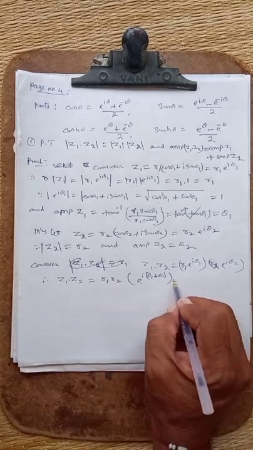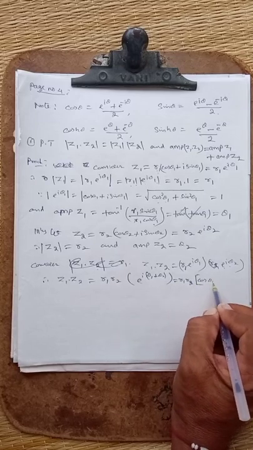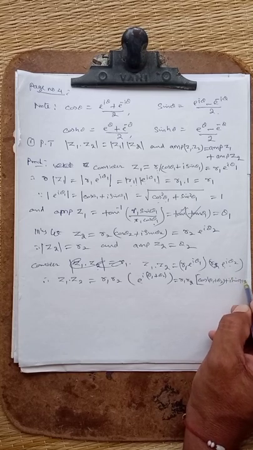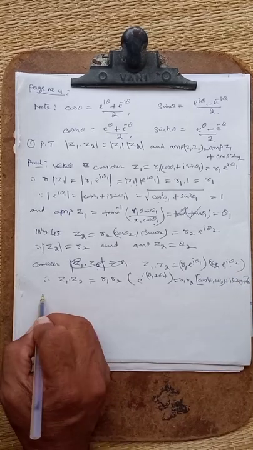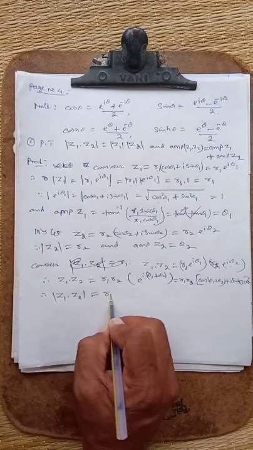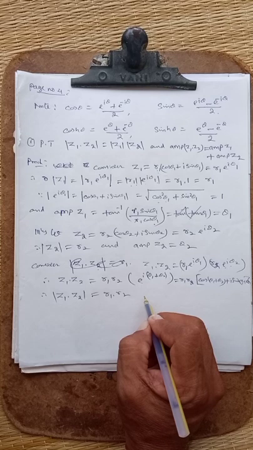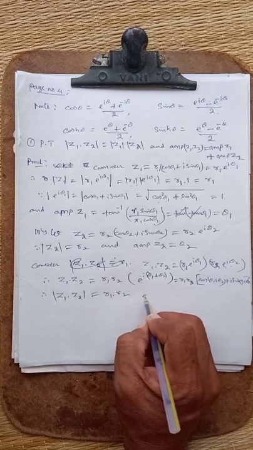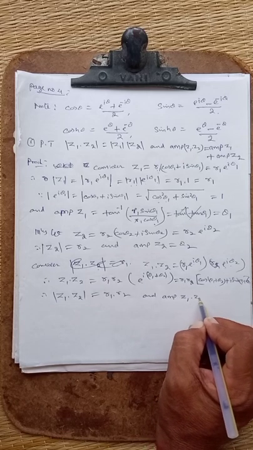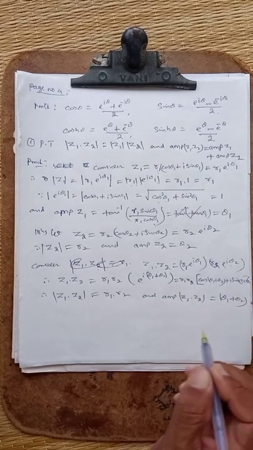So this is the same as r1 r2 into cos of theta 1 plus theta 2 plus i sin of theta 1 plus theta 2. So therefore modulus of z1 z2 is given by r1 into r2, and amplitude of z1 into z2 equals theta 1 plus theta 2.